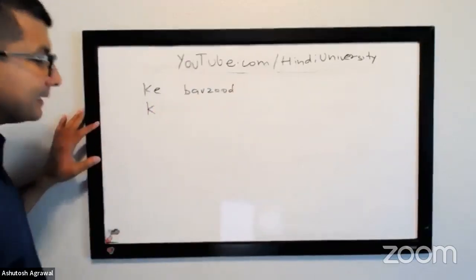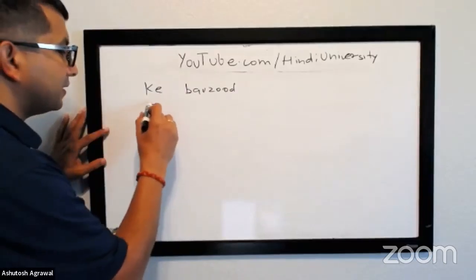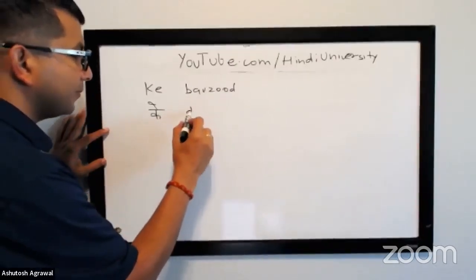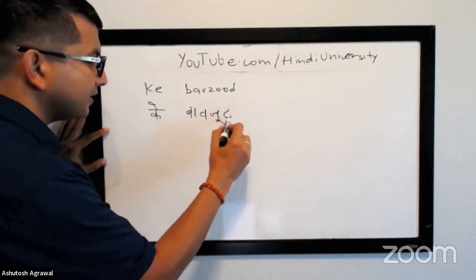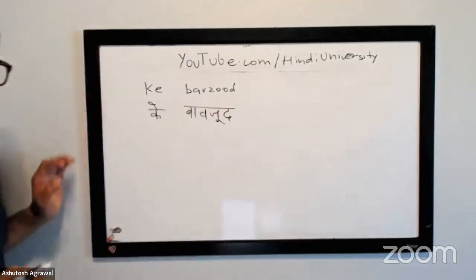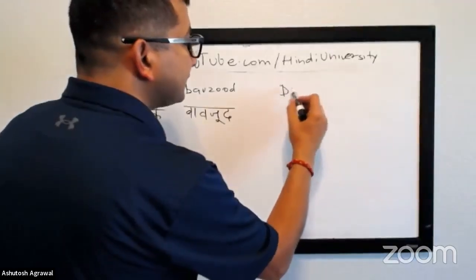If you are writing it in Devanagari, you have के, बावजूद with V, J with U, and then ke baujud. Ke baujud is basically despite.